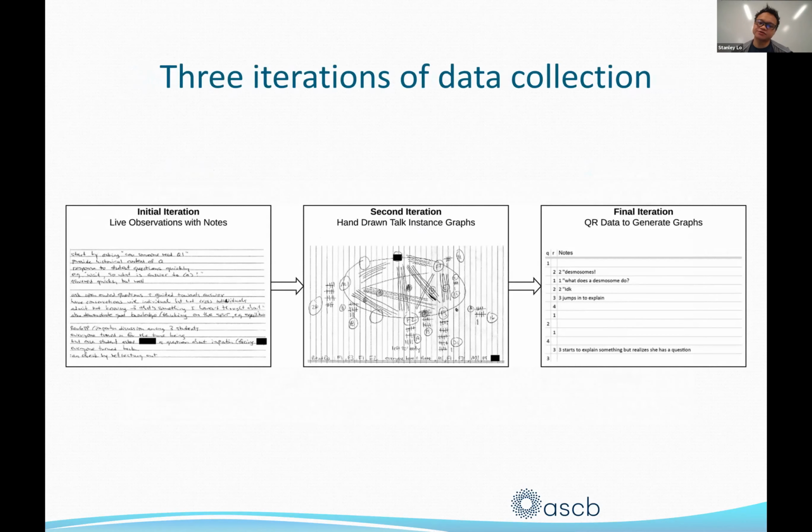This went through a few iterations of data collection, where initially we started out by really just observing the groups and taking down notes.